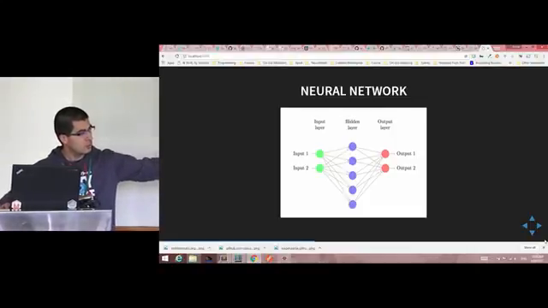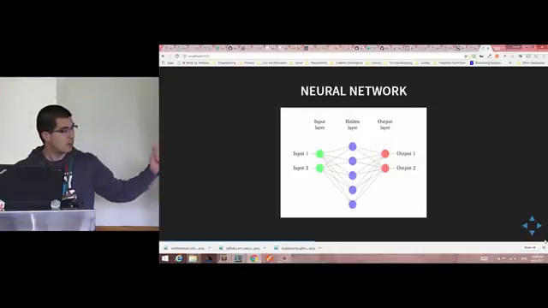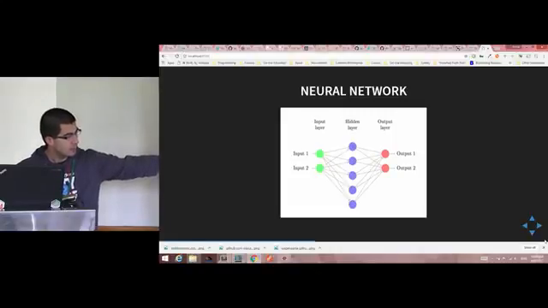So the errors that you found at the end of the day between the calculated output and the real output, you try to integrate backwards into the weights that are between the hidden and output layer and between the input and hidden layer.